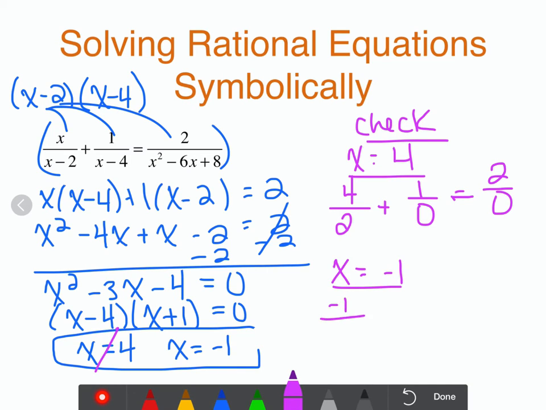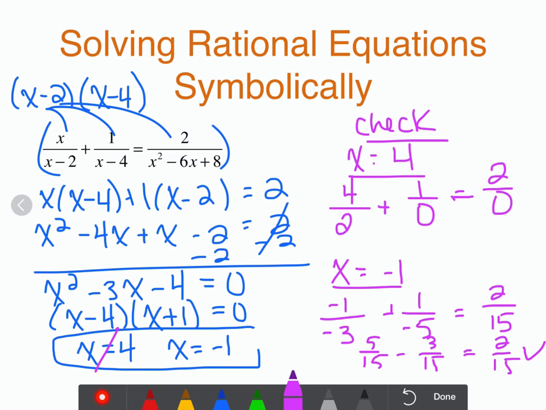I have negative 1 over negative 3 plus 1 over negative 5 is equal to 2 over 15. So a third minus 1/5 is equal to 2 over 15. 5 over 15 minus 3 over 15 equals 2 over 15. That also checks. So we have one solution, and that solution is x equals negative 1.